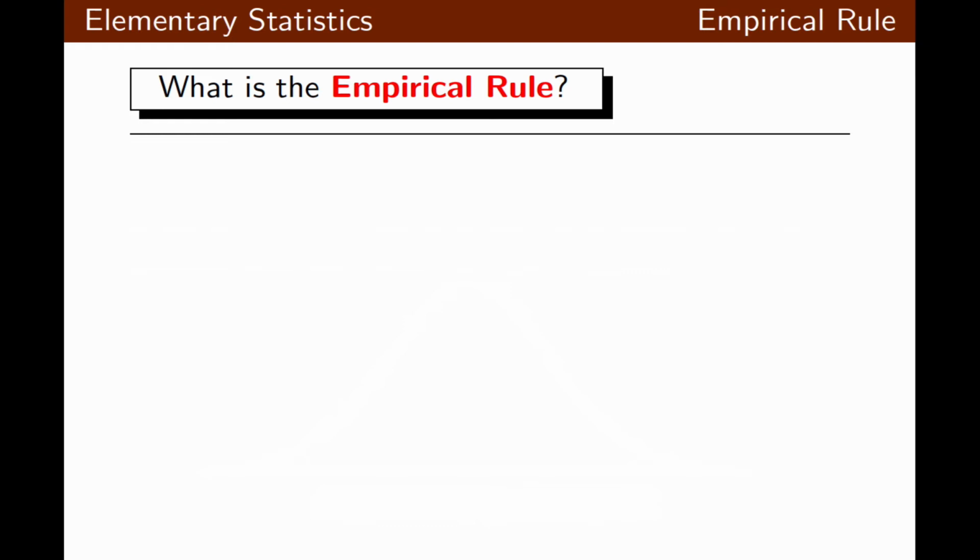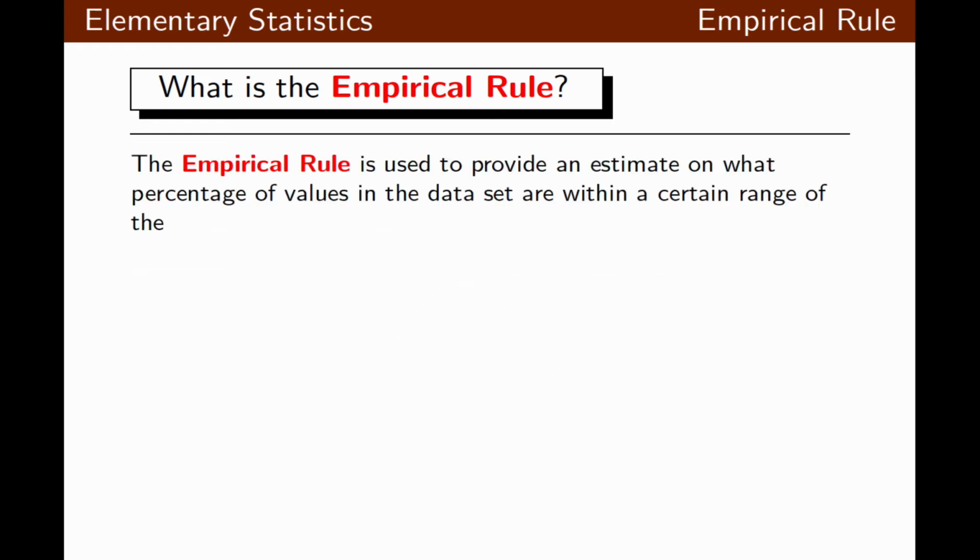Now we can take a look at the empirical rule. The empirical rule is used to provide an estimate of what percentage of values in a data set are within a range of the mean.